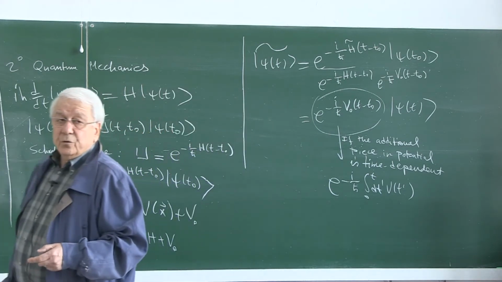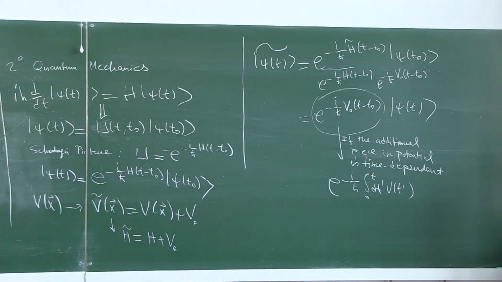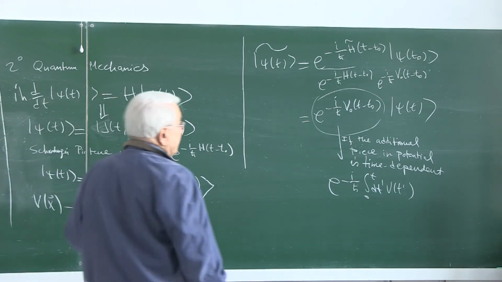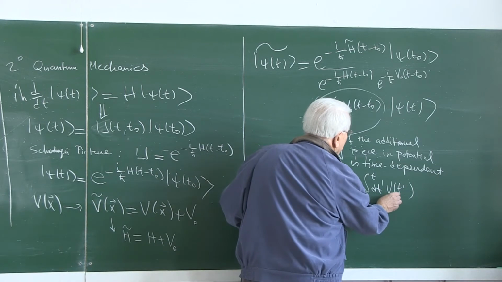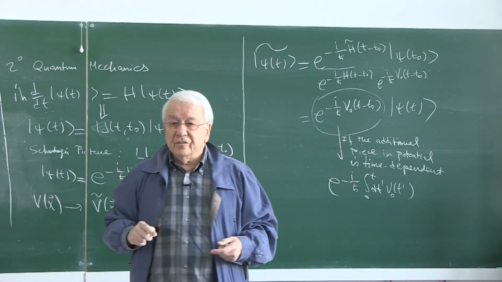So again, you need to compensate. Quantum mechanics is more, how do you say, flexible. There is more room for these kinds of discussions. If you add an additional piece, you compensate for it by multiplying the state vector by the phase. And the phase is given as such, the time integral in this case of the additional V. That additional piece, so put a V0 there.